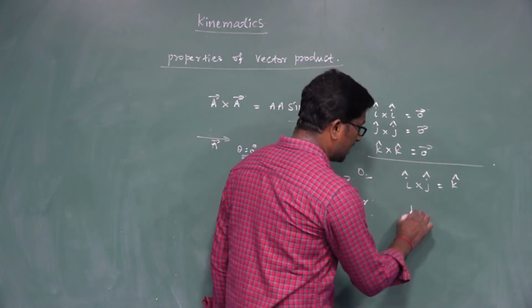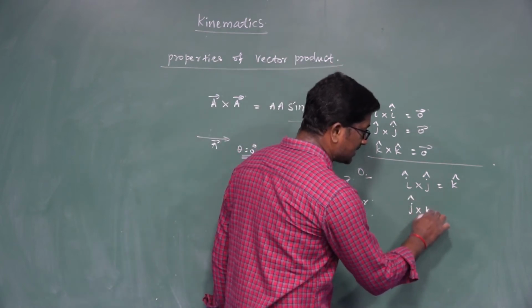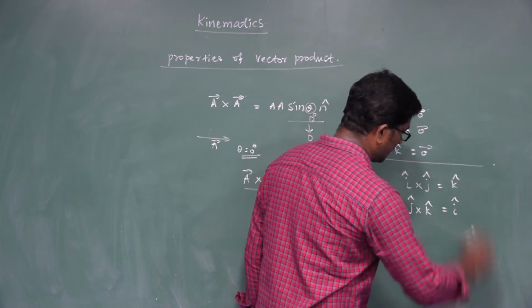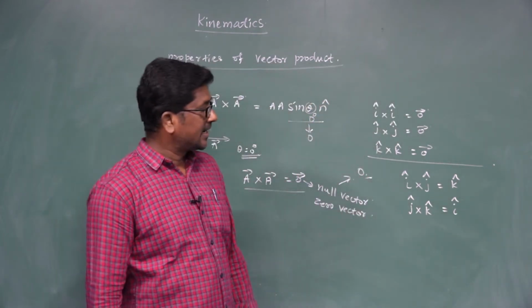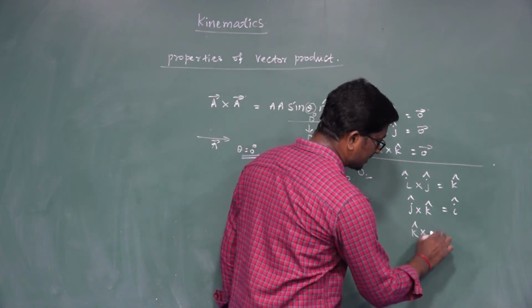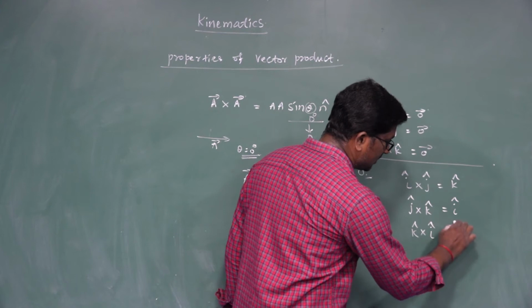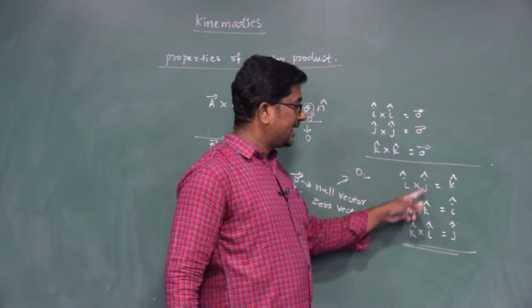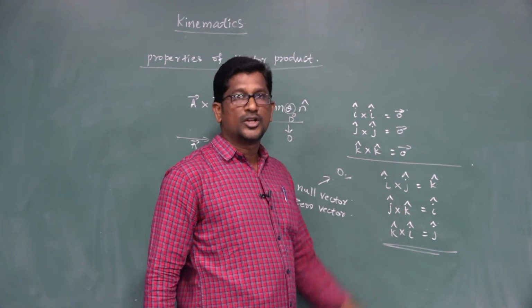Similarly, j cap cross k cap is equal to i cap, and k cap cross i cap is equal to j cap. Right? Already I told you, i, j, k are three orthogonal unit vectors.